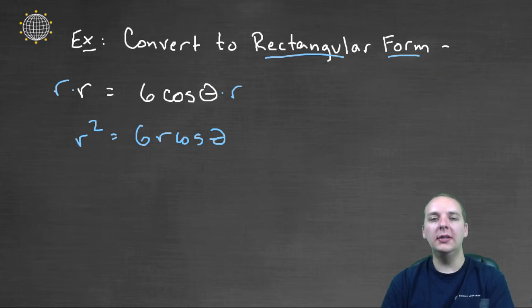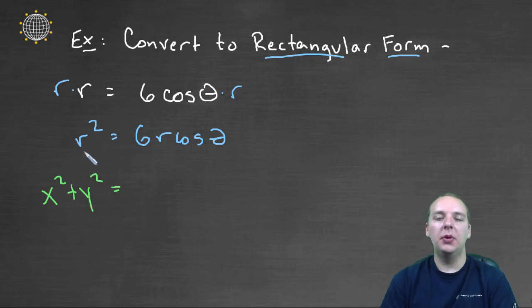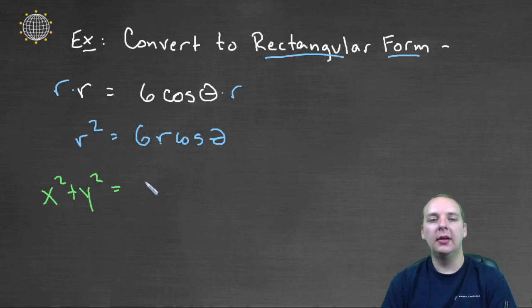All right, so what is the conversion for r squared? Well, it would be x squared plus y squared equals, and that's all you have to do, is take out the r's and put in something equivalent in terms of x and y. And then 6r cosine theta, well, hey, that's just 6x, right? And so this is your answer.